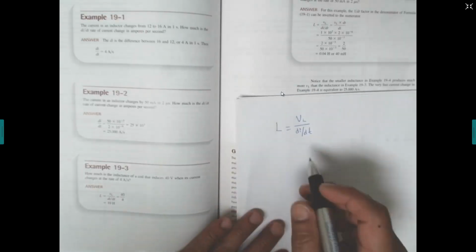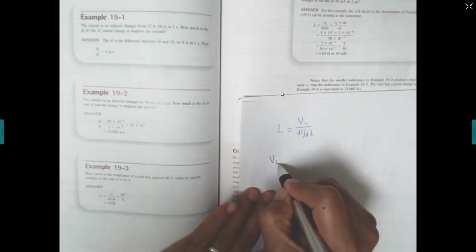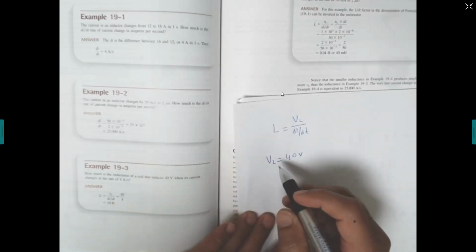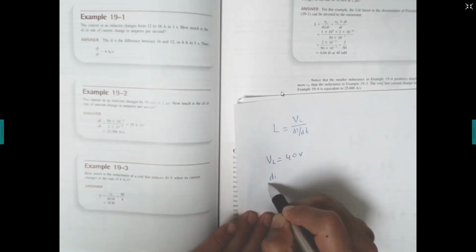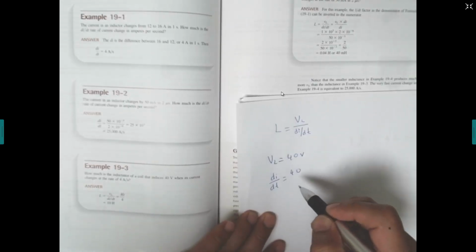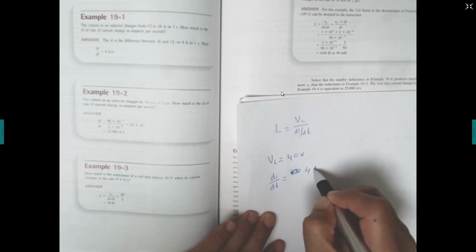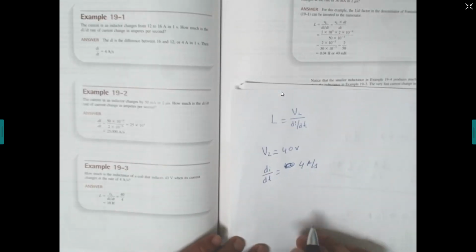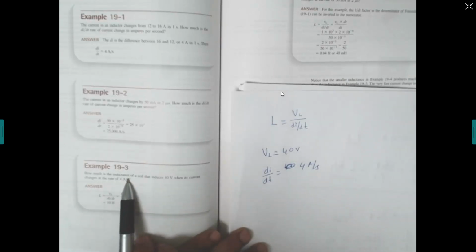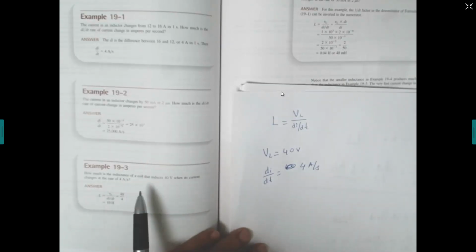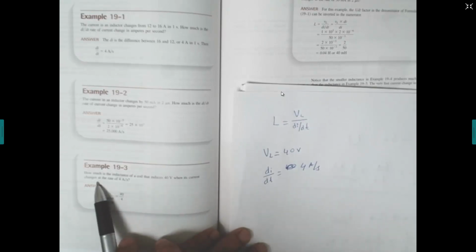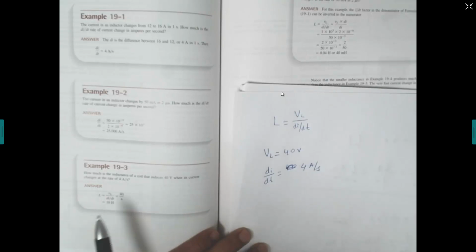So they're asking for the inductance. They say the voltage induced is 40 volts. And the current changes, in other words, the di dt equals 4 amps per second. Okay? This is the information that's given in the problem.